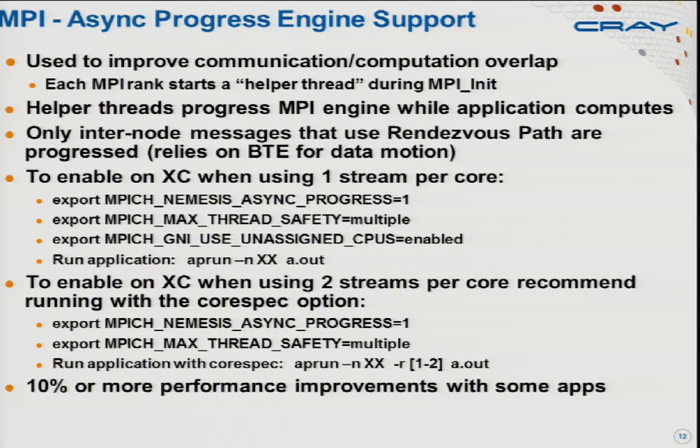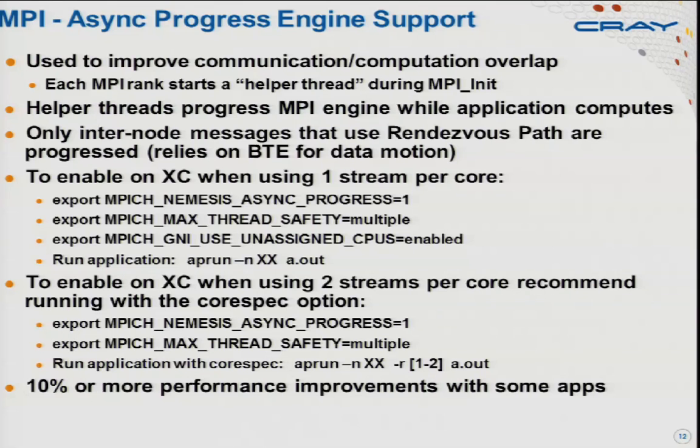So, more about this async progress engine. This is to improve communication overhead. It starts a helper thread, and then you have to say where that helper thread is going to run. That helper thread runs the progress MPI engine while the application computes. This is only applicable to messages that use the rendezvous path.